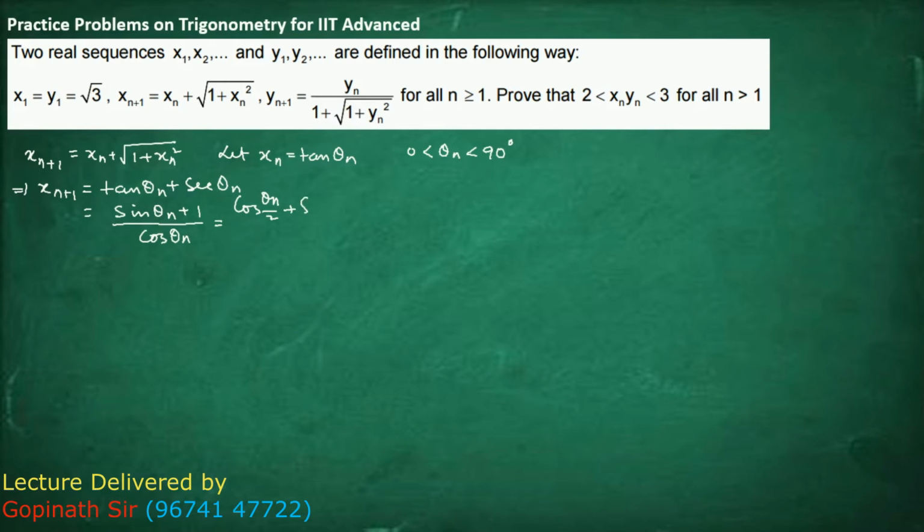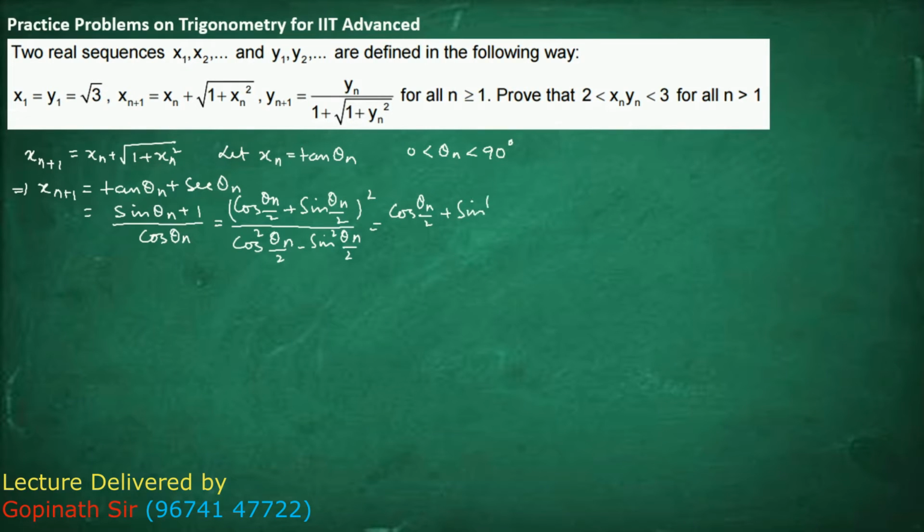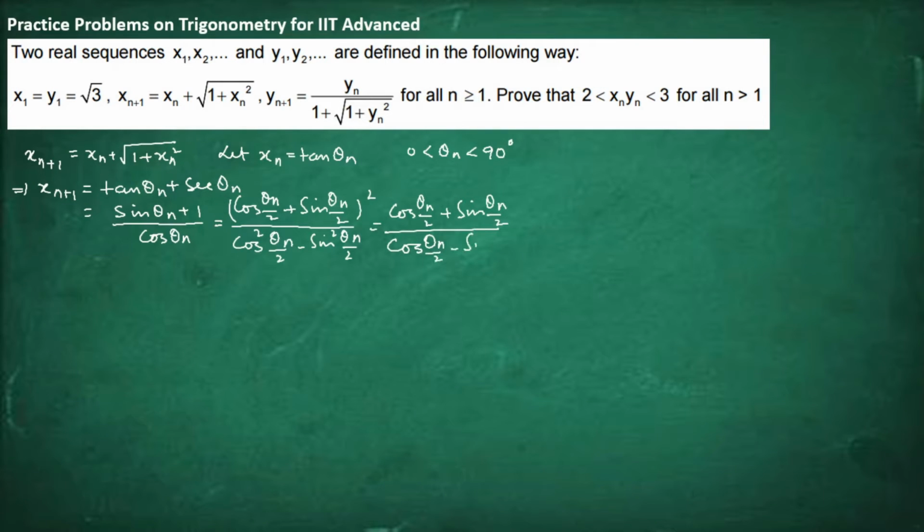cos theta n by 2 plus sin theta n by 2 whole square divided by cos square theta n by 2 minus sin square theta n by 2. Is it clear? So we are getting basically cos theta n by 2 plus sin theta n by 2 divided by cos theta n by 2 minus sin theta n by 2, right?